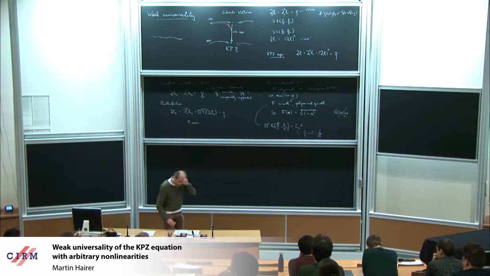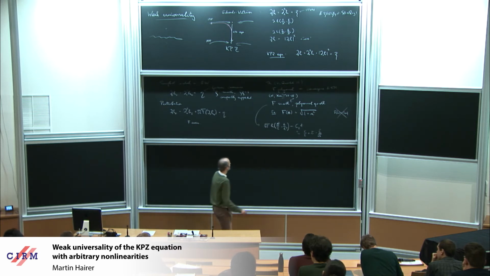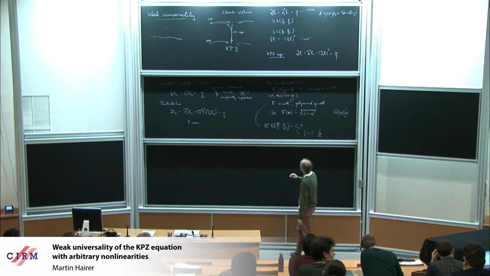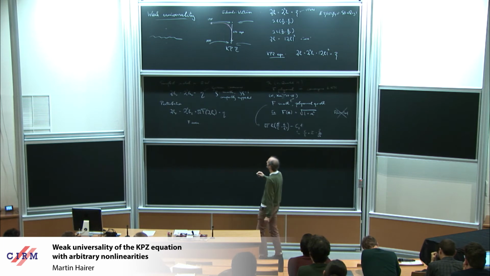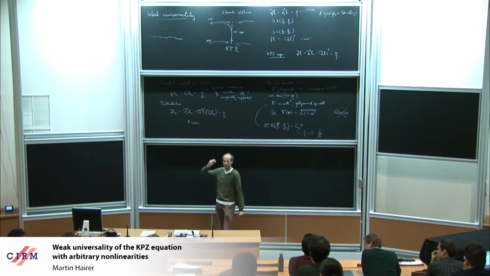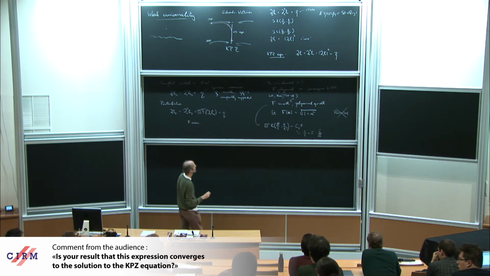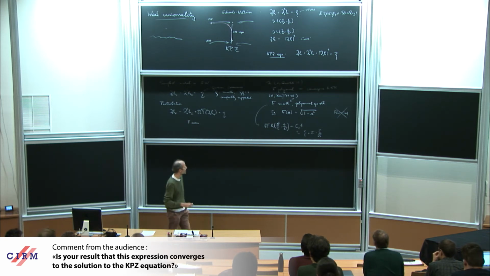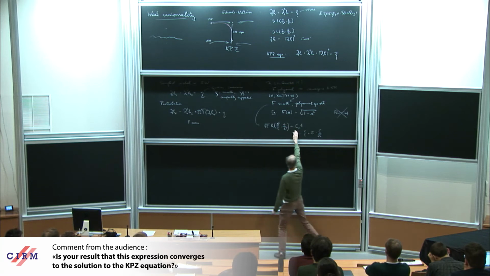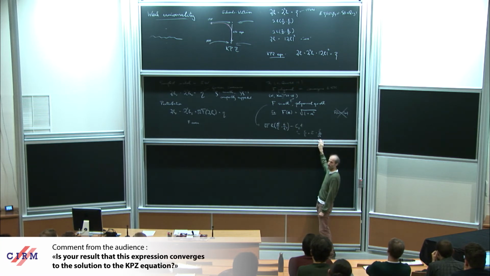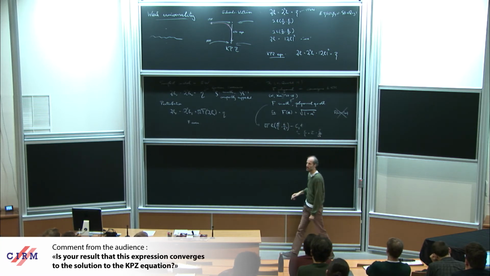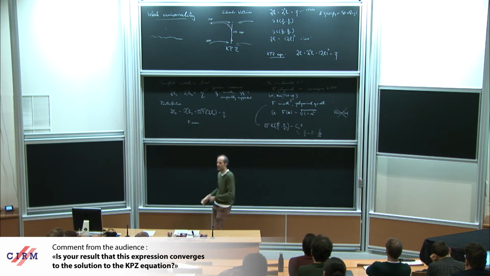Okay, so how do you go about analyzing this? Sorry, so the statement is that expression there converges to the solution of the KPZ equation? Yes, that's fine. There is a choice of this constant here, and the choice is always going to be of that form for suitable values of these constants, which you can explicitly write in terms of everything.